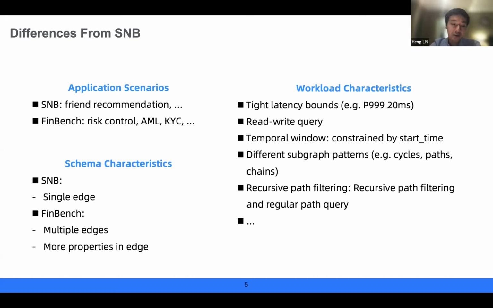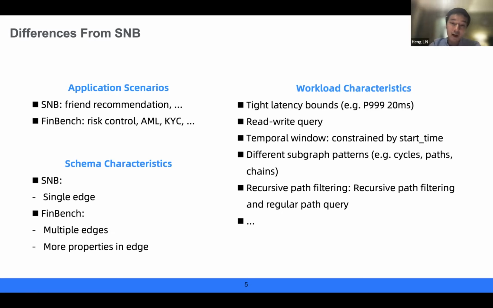Also, an edge will have more properties. I have seen a few hundred properties on an edge. It also results in workload characteristic differences. First is the tight latency bound.